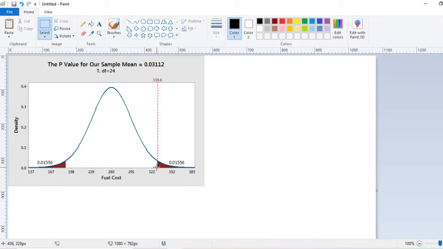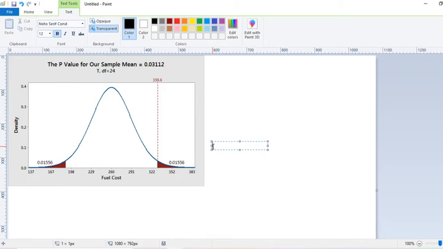This is the value corresponding to 330.6. And what is the corresponding p-value here? The p-value is the probability of z greater than 330.6, let us take mod.